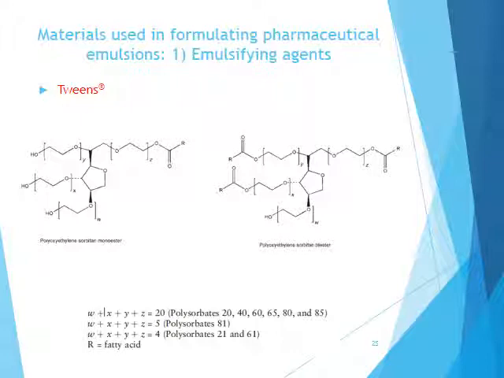According to this, we will get different grades of tweens, or the other name for tweens is polysorbates. So we have, for example, polysorbate or tween 20, 40, 60, 65, 80, 85. This is according to the fatty acid moiety and the number of ethylene oxides attached to the sorbitan structure.